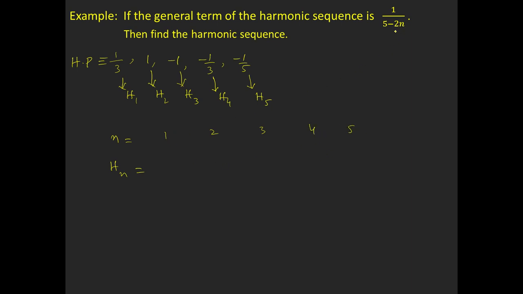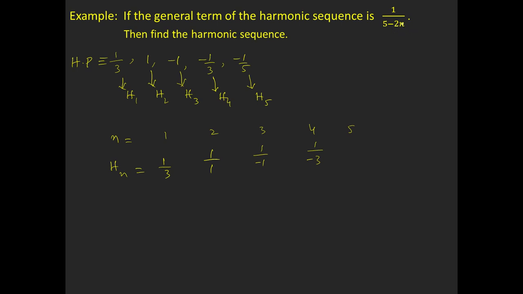First put n is equal to 1, we will get 1 by 3, and then n is equal to 2, we will get 1 over 1, and n is equal to 3, so we will get 1 divided by minus 1, in other words minus 1, and then n is equal to 4, so we will get 1 divided by minus 3, and n is equal to 5.